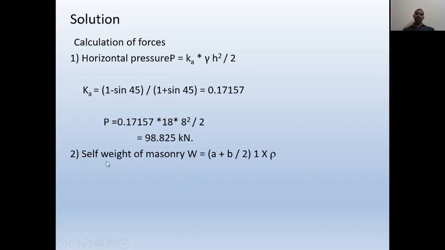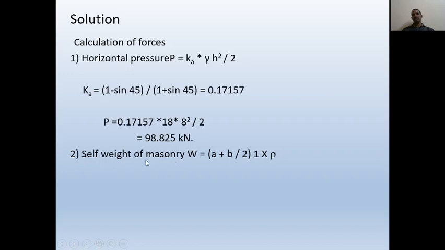Now let us calculate the second one, self weight of the masonry retaining wall, that is W. We always calculate considering 1 meter length of the retaining wall, because we are dealing with 1 meter length only. 1 meter is the most critical. The same calculation, the same dimensions may be applied to the entire cross section.